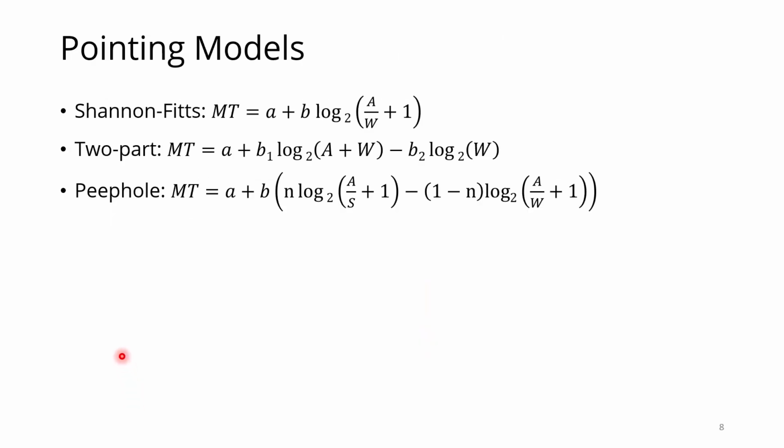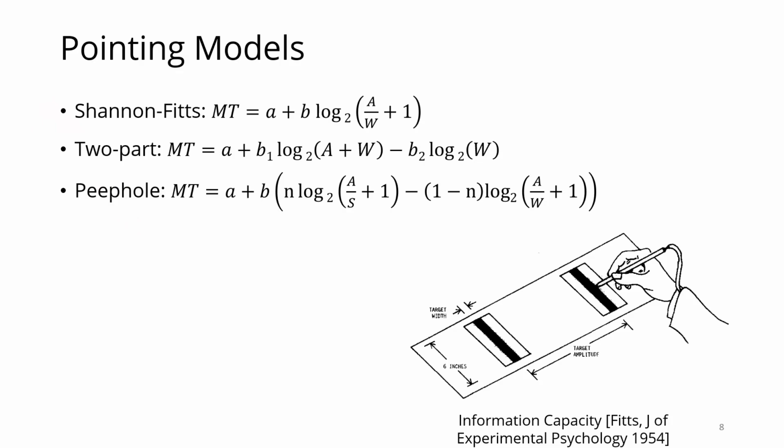So in our study, we considered three Fitts law models, and these models are used to predict movement time, that is the task completion time. So we see in the first formula, that is the most commonly used formula for Fitts law, and in the image, we see that the target amplitude is the distance between the midpoints of the two targets that have a width of W. In the second formula, we call it the two-part model.